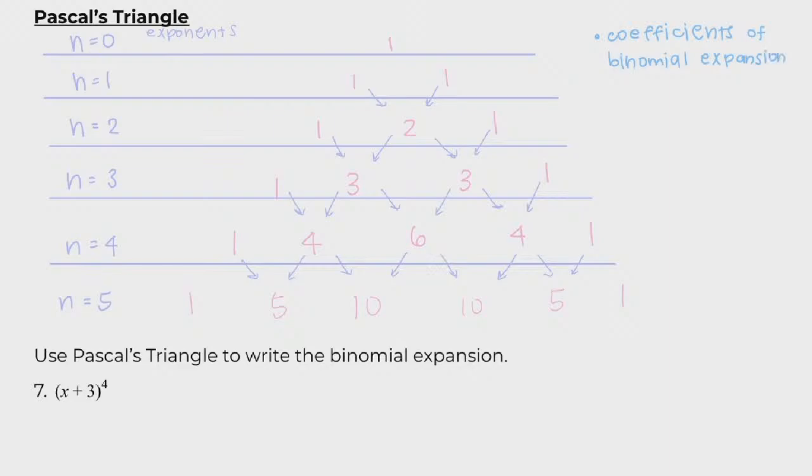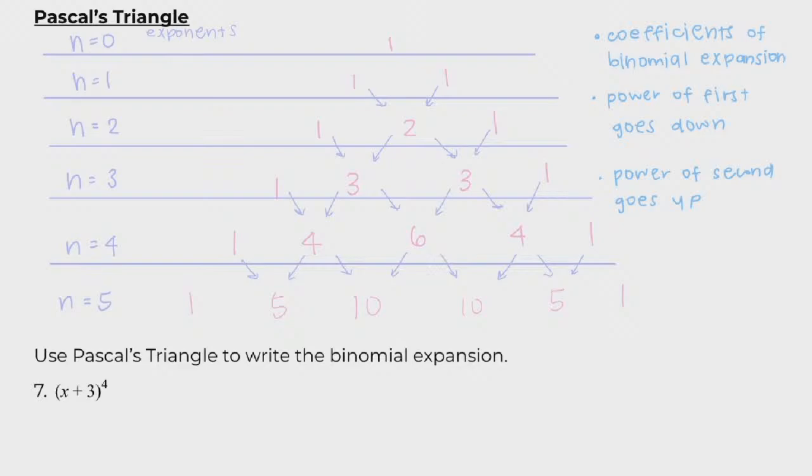And the power of the first is going to go down, and the power of the second is going to go up. Okay, I'll explain that a little more when we do an example.